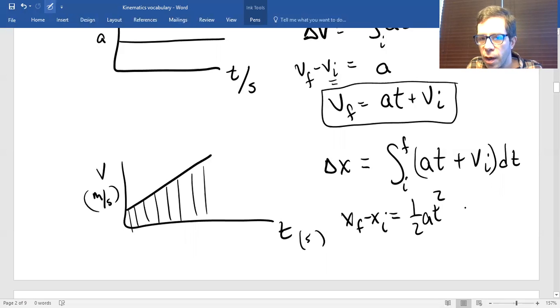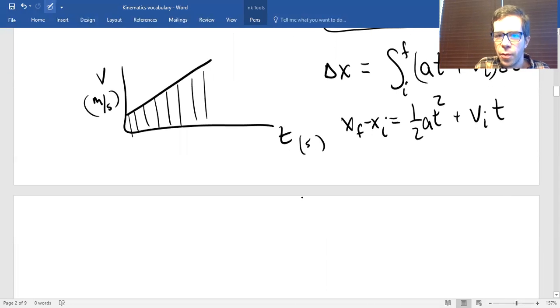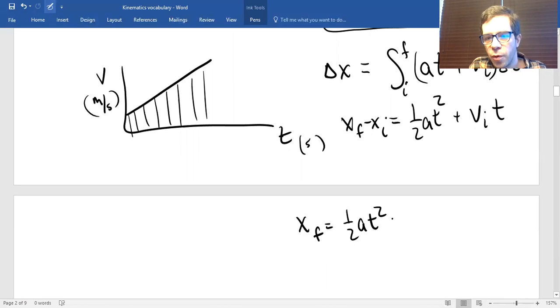Integral of v initial is v initial t. And we've derived our position equation for kinematics. X final is equal to 1/2 at squared, acceleration times time squared, plus the initial velocity times time, plus the initial position.